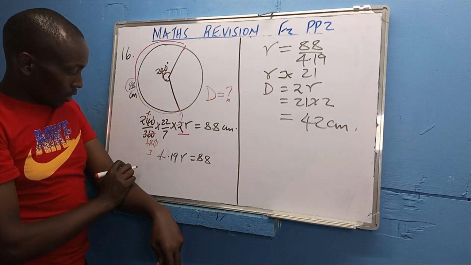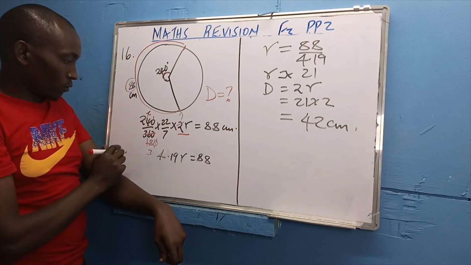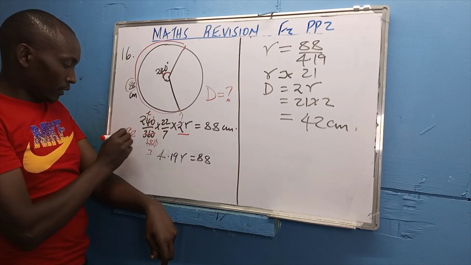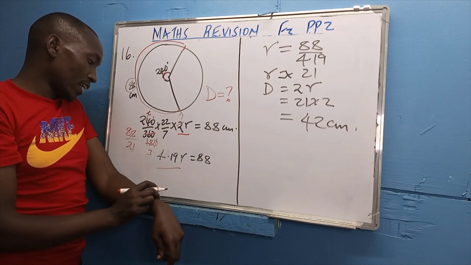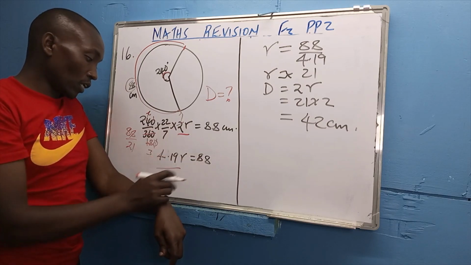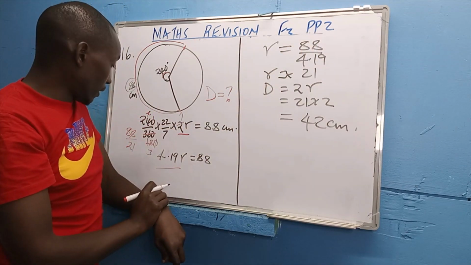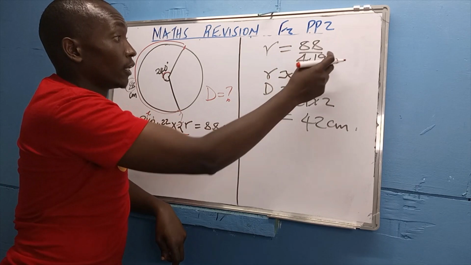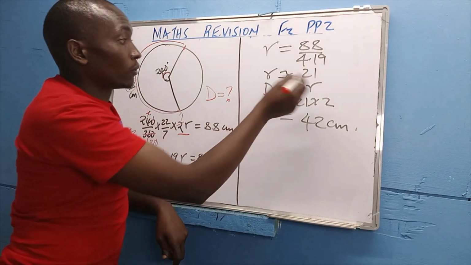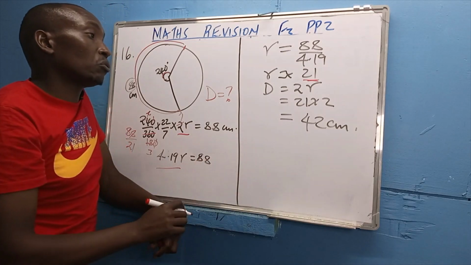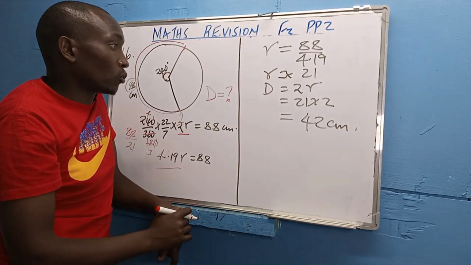With that you have 88 divided by 21, approximately 4.19. R equals 88 divided by 4.19, you will get approximately 21. Actually it will be 21.0 something. Approximately to the nearest whole number is 21.